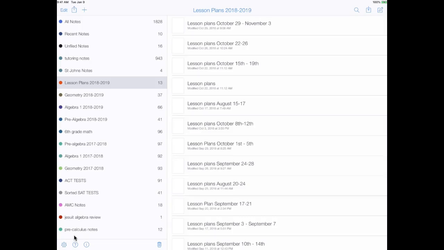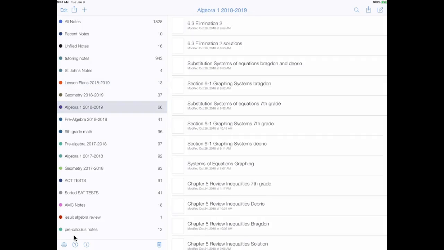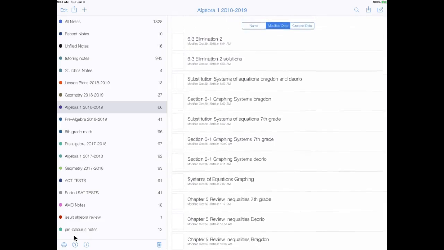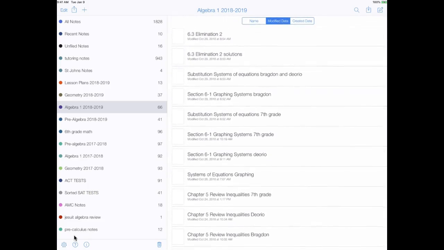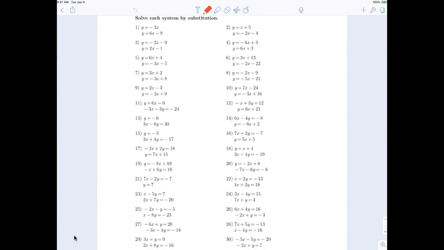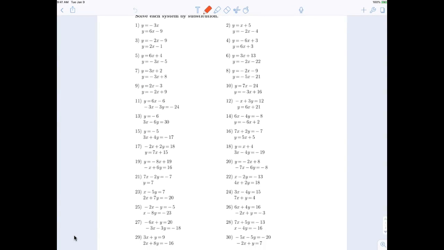All right, so again, I think it's easier on the iPad because I think there's more problems for us. I want everybody to look at the substitution method. Now for the substitution, what I'm going to do for your class is we'll do the odds, and with the other class I'm going to do the evens.